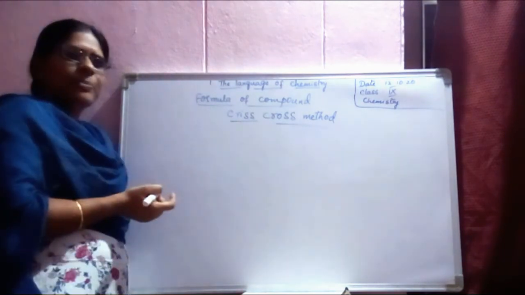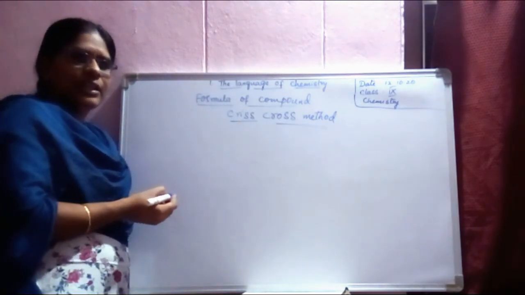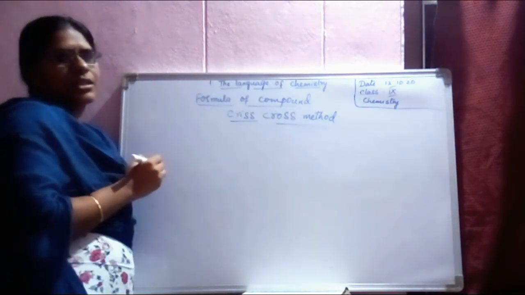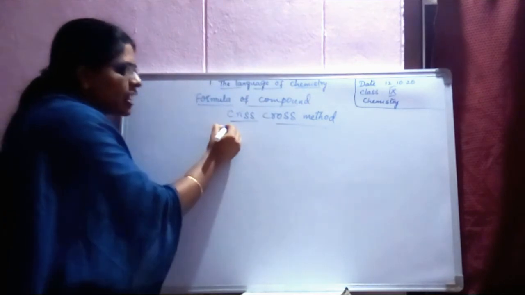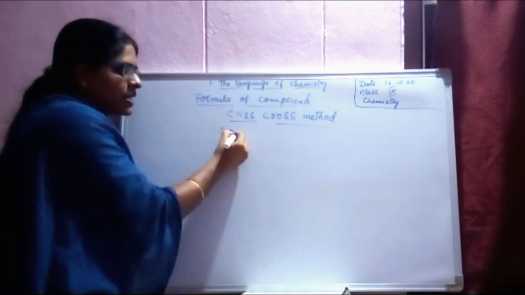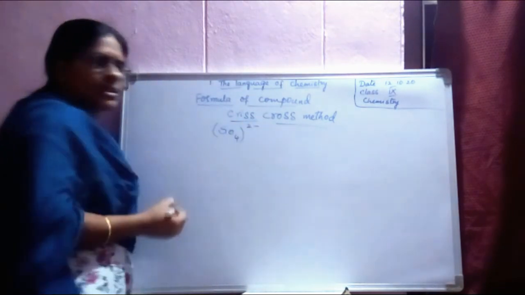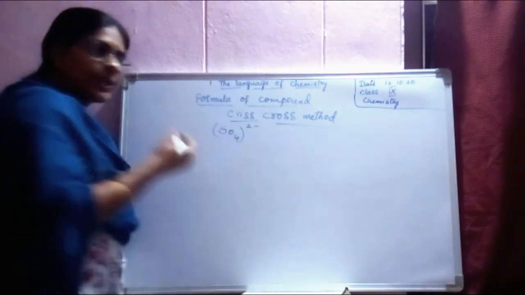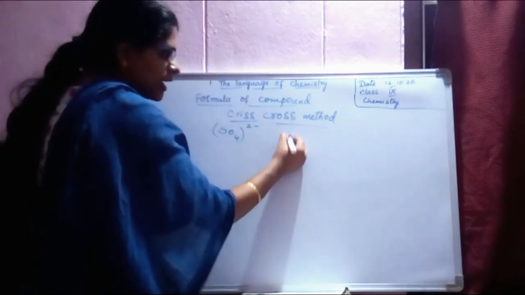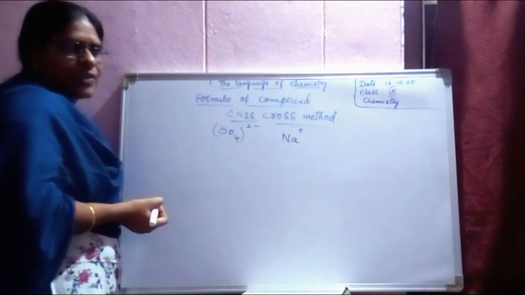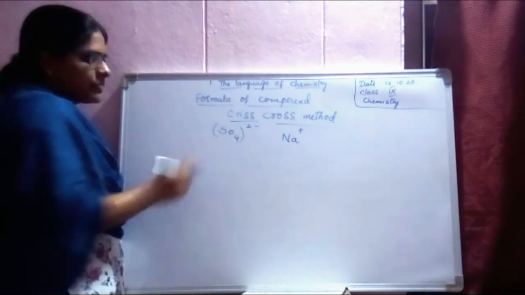For this purpose, you need to learn some valencies, like sulfate means SO4 2 minus, sodium ion Na plus. I have given you the table also last year.